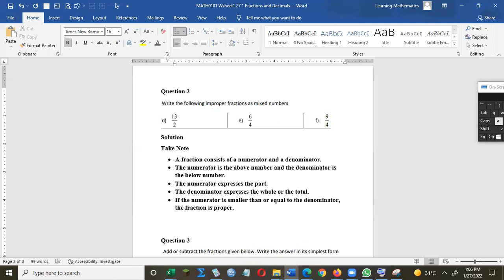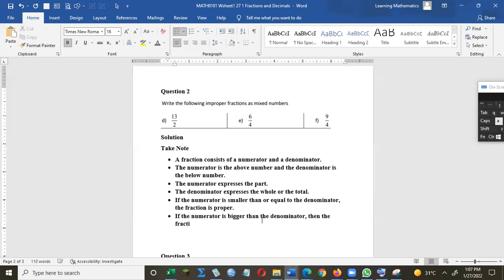Okay. But if the numerator is bigger than the denominator, then the fraction is improper.